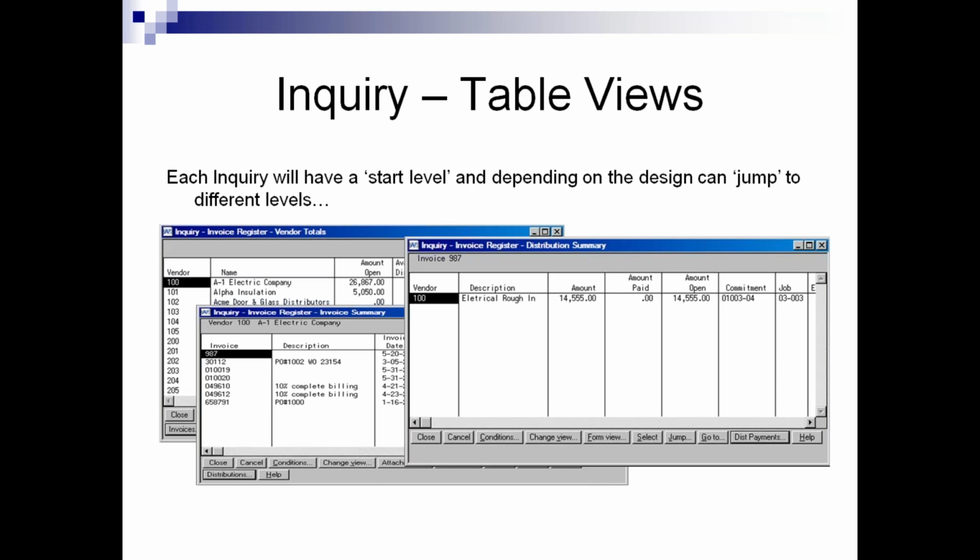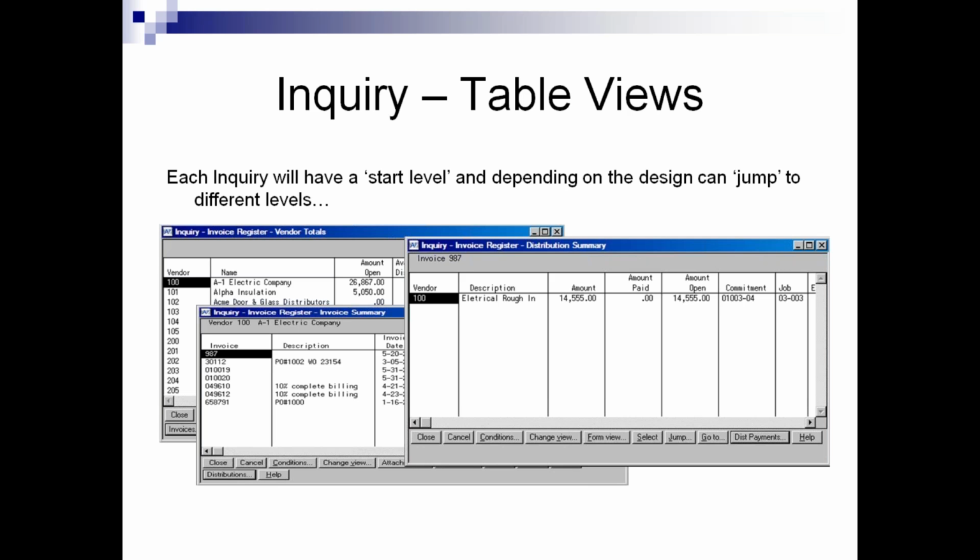That would take us to the check information, where we could see the bank and the check number and the date. So we've got multiple ways that we can move around within the data using Inquiry Designer, jumping or moving to a different table view from one level to the next.